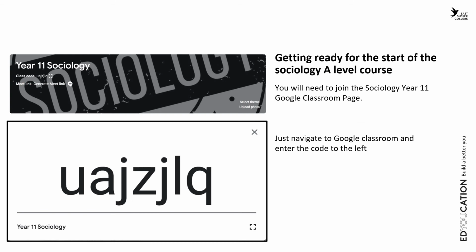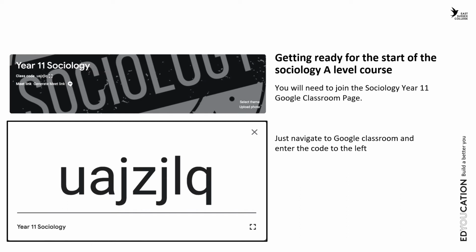And then lastly, if you are intending to do sociology with us here at Lewes, then I would very much like you to go on to the Google Classroom that we've set up for Year 11 and students who have enrolled onto the course. And on here you will find a series of tasks. I think there are 6 tasks.